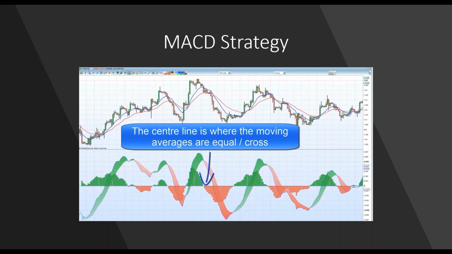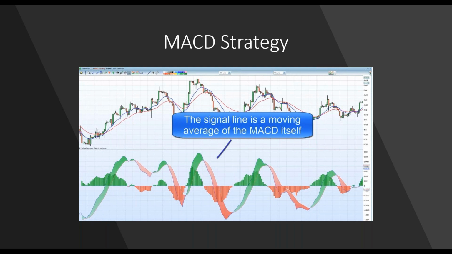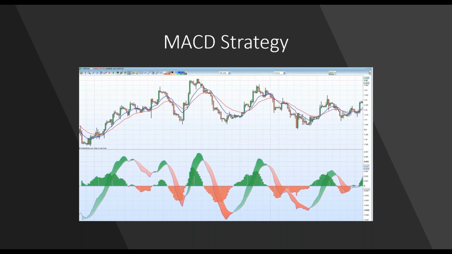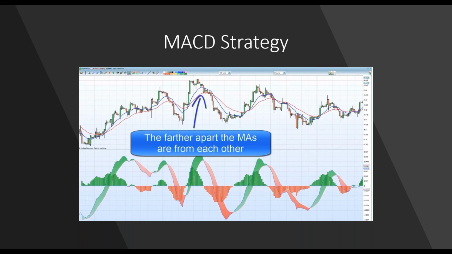The center line, of which the MACD is plotted around, indicates where the moving averages are equal. And when the MACD passes through the center line, this indicates the moving average is crossing. The signal line, here in red, is a moving average of the MACD values themselves. Typical values for the MACD are 26 and 12.